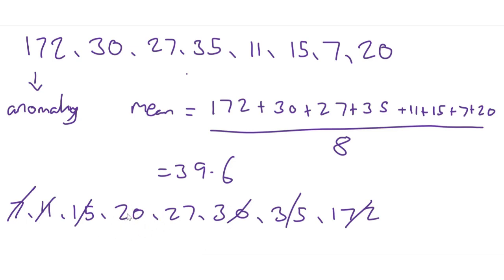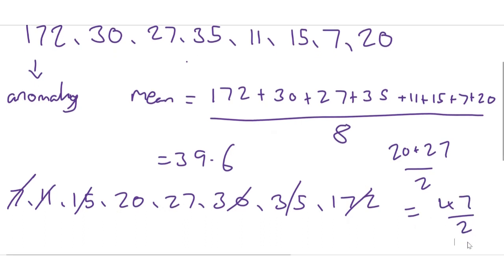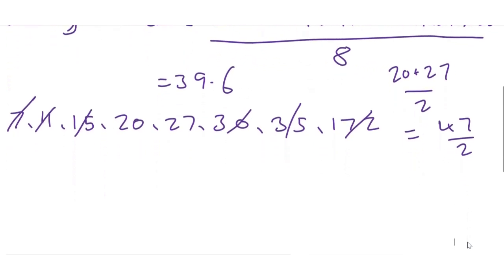So we've got 20 plus 27 over 2, which is 47 over 2, so that's 23.5. And that is actually quite a good estimate of the centre of our points.